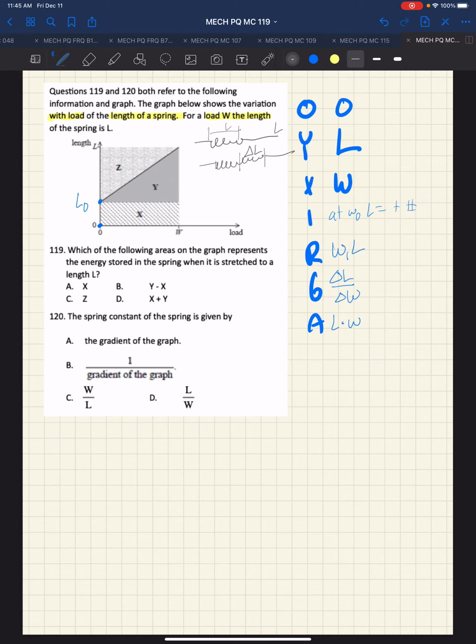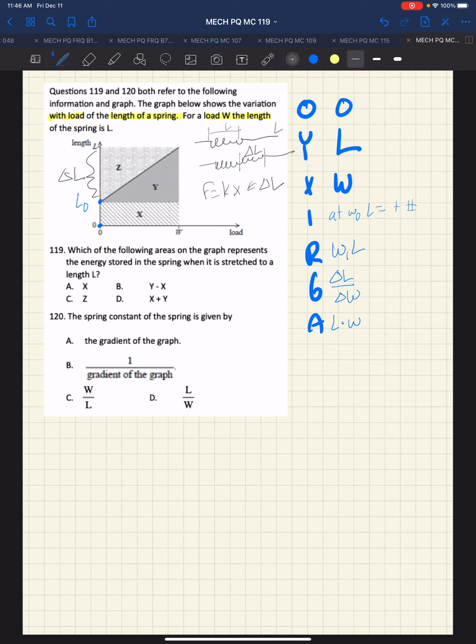So this is Hooke's law, which is F equals Kx, where x is the change in length. So on our graph, we have L0 and L, and this represents delta L, the change in length.